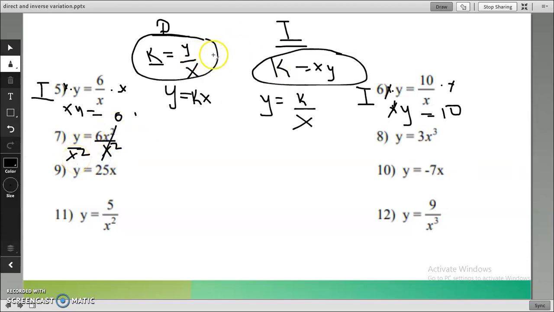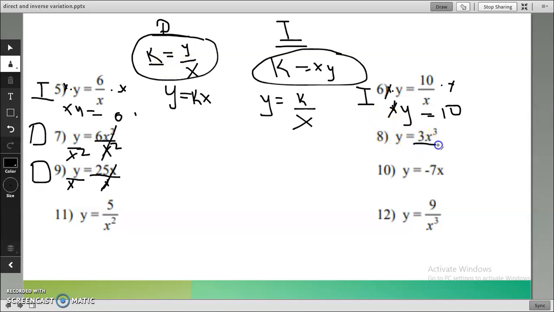The form that has y over x would be direct variation. Here I'm going to divide by x to get my x and y together, and I get 25 equals y over x. Again, that's direct.